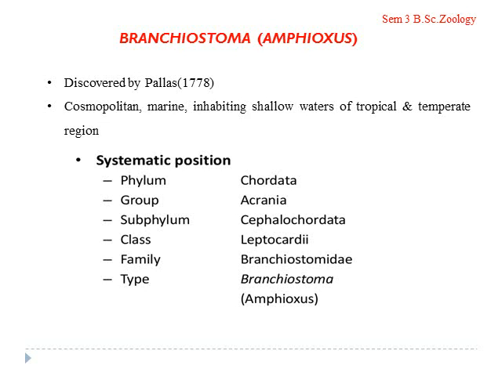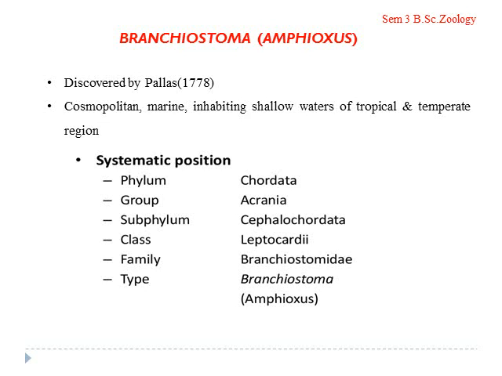So for Branchiostoma, the systematic position is phylum Chordata, group Acrania, subphylum Cephalochordata, class Leptocardii. Cephalochordata includes only a single class, Leptocardii, and a single family, Branchiostomidae. Here we will be learning about the genus Branchiostoma, otherwise named Amphioxus.